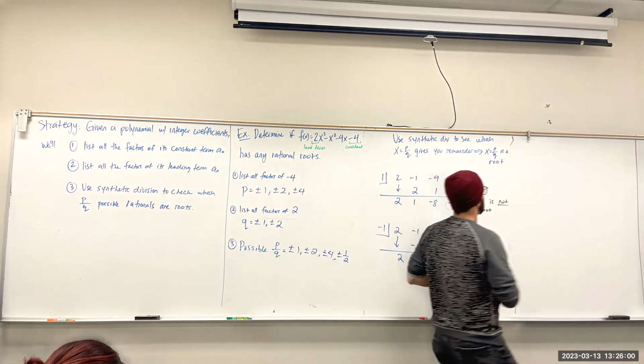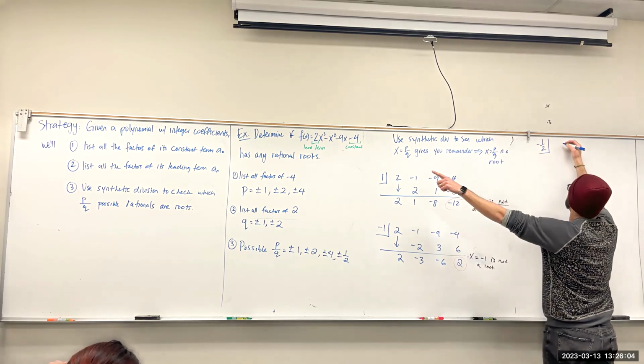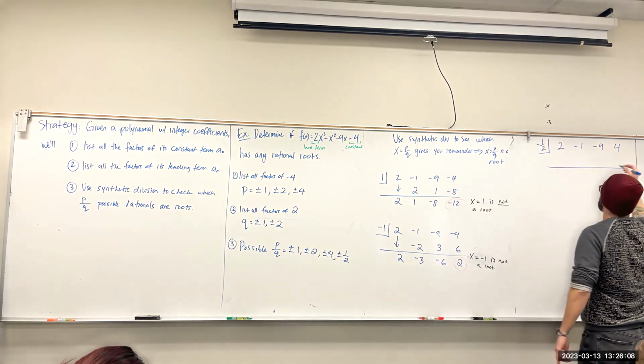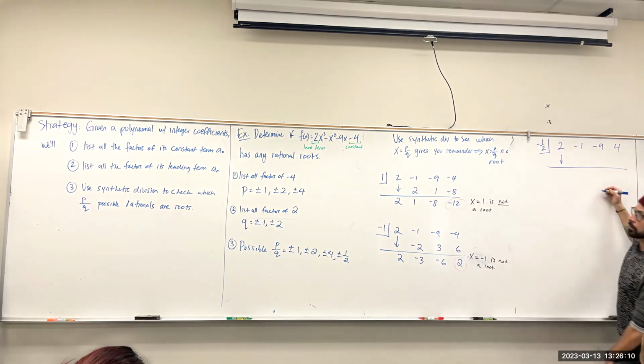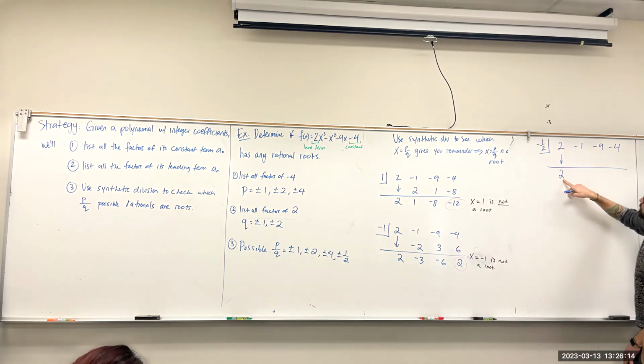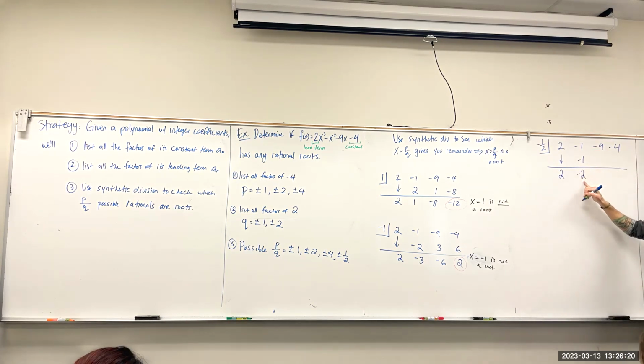Negative 1/2? Let's see. Negative 1/2. 2, -1, -9, and 4. Bring down the 2. 2 times -1/2 is -1. Add these to give you -2.